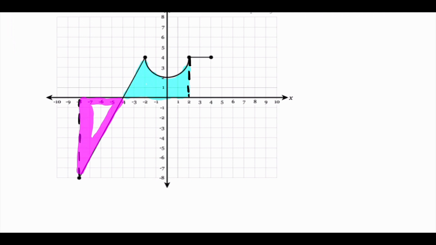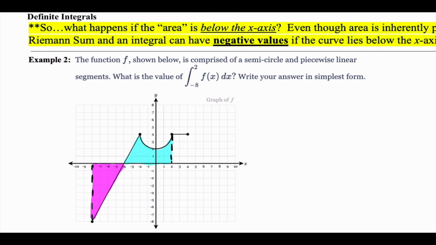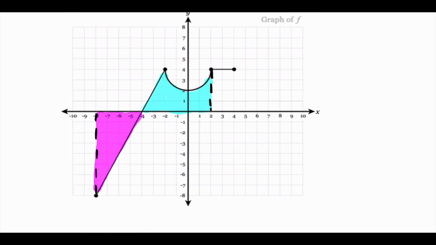So I'm shading up to the x-axis. That area is going to be negative. Anything below the x-axis is negative. Shade up if it's below the x-axis. Shade down if it's above the x-axis.